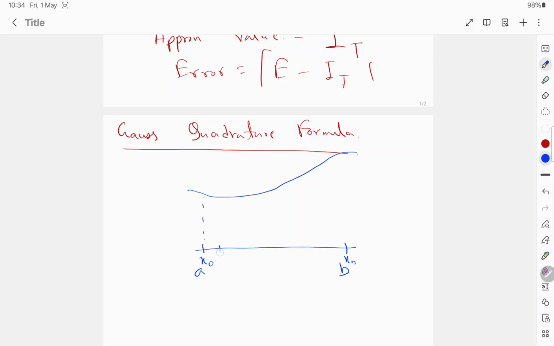So this is your x1, this is your x2, like that. Okay, and if this is your h, so h equal to (b minus a) by n.